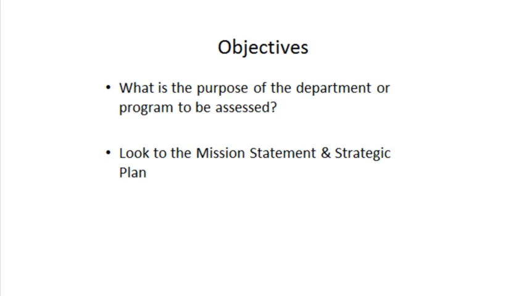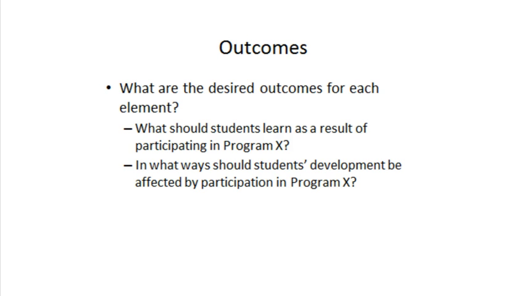But we have to start with what we're doing. We have to understand why we're doing something. What is the purpose of the thing that we're evaluating? What are the desired outcomes? So this is where we make that connection to learning outcomes or performance outcomes for a department.